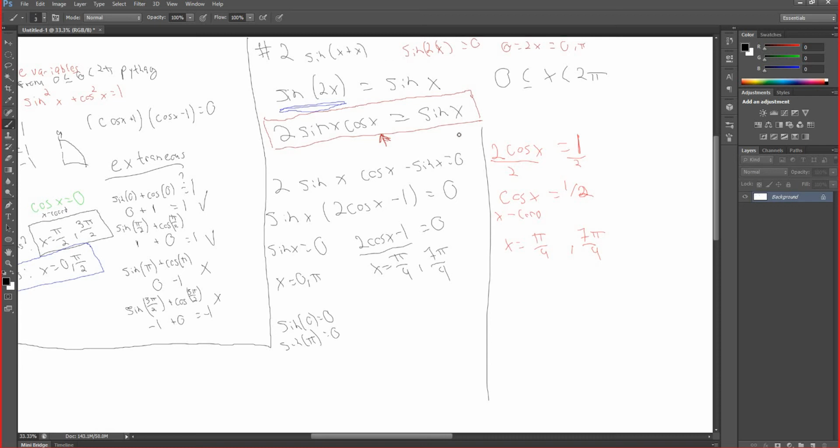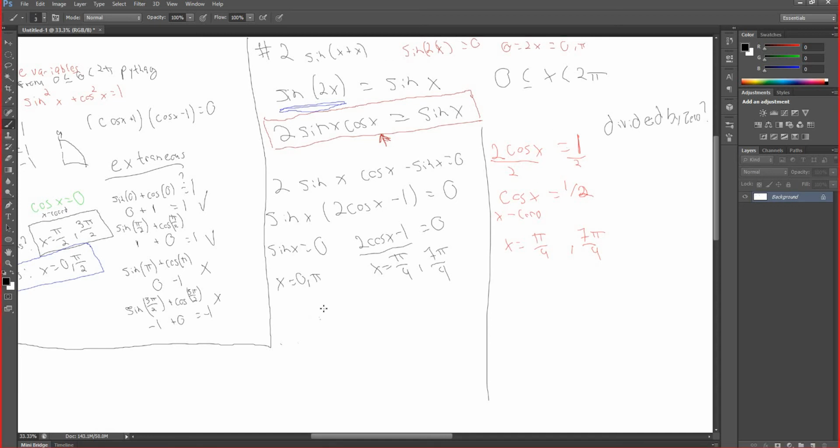So I can't divide by 0, right? Nope. So since I can't divide by 0, that means that the right side won't work. Because over here I divided by sine of x, but sine of x could have been 0.